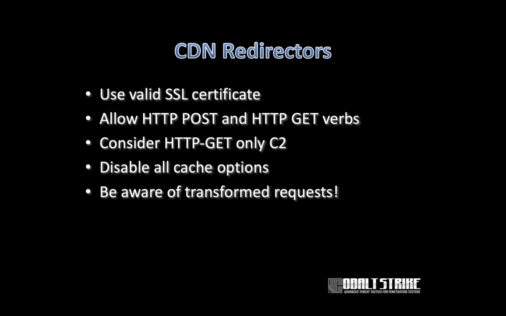Next, in case you're having trouble, consider configuring your malleable C2 profile to use HTTP GET to both download tasks and send data back to Cobalt Strike. We will talk about GET-only C2 in the next lecture. I also recommend that you disable all cache options to make sure there is the best likelihood of the redirector allowing the request to pass through to your Cobalt Strike server.